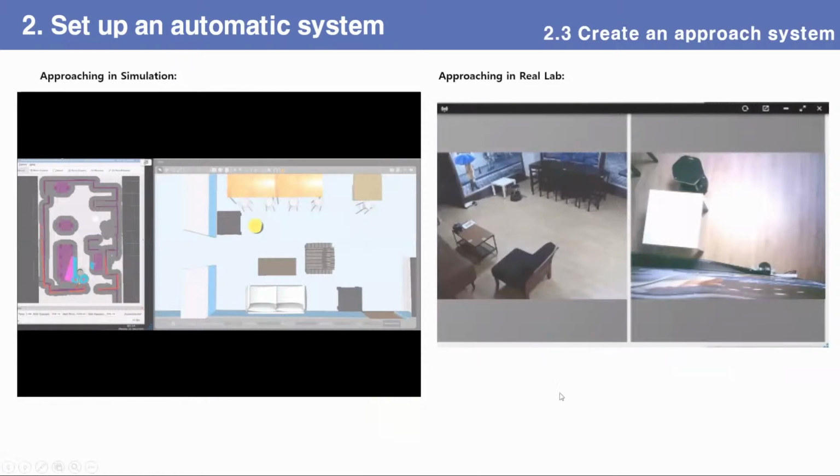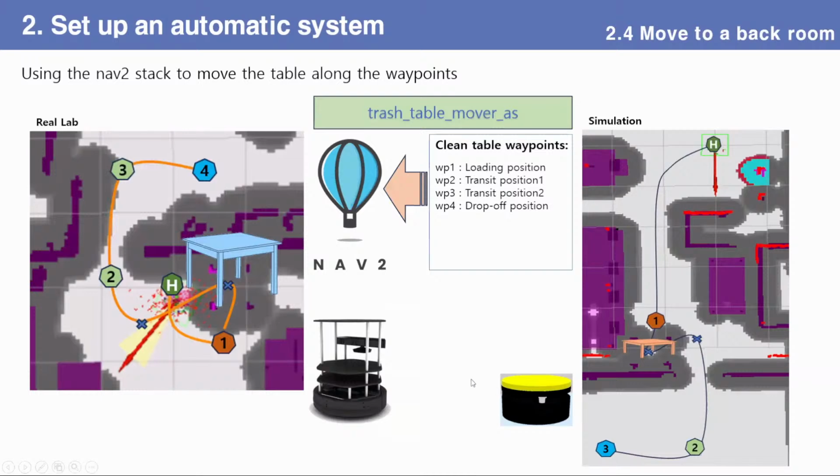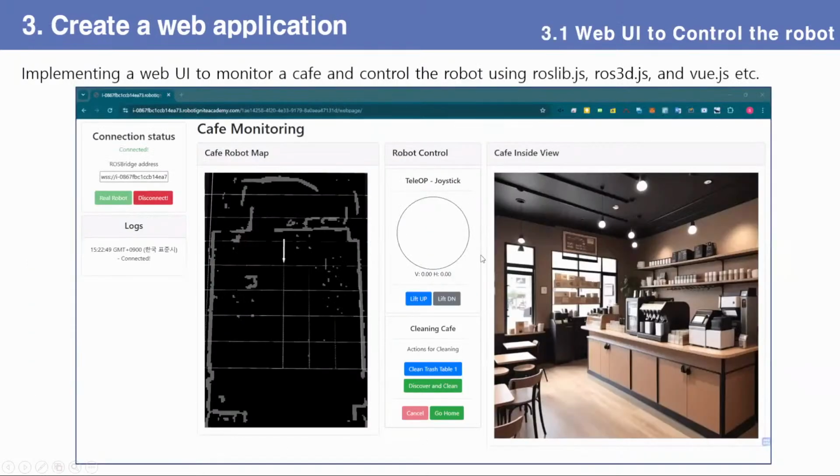We already saw the full scenario, so let's skip here. The main module is the trash table mover action server. This is some control logic here. This is my web application.